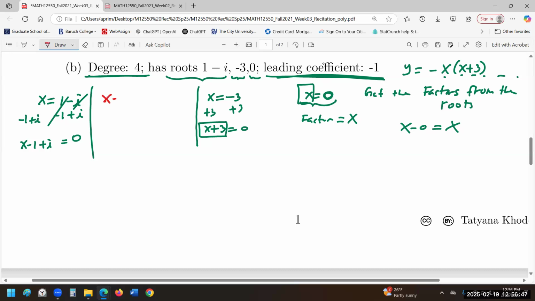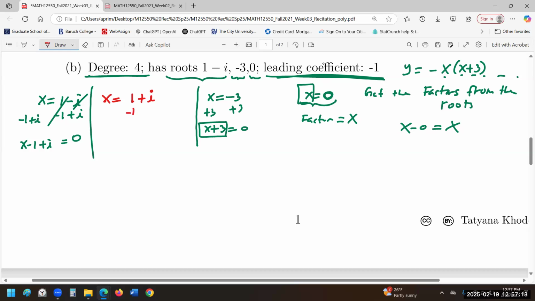The other root, which they did not give us, is 1 plus i. Good job, Vineta. So anytime you see i, that means you have another one. If you're given minus i, you have plus i. If you have a plus i, that means you have a minus i. So they're conjugates. They cannot live alone. They always come in pairs.